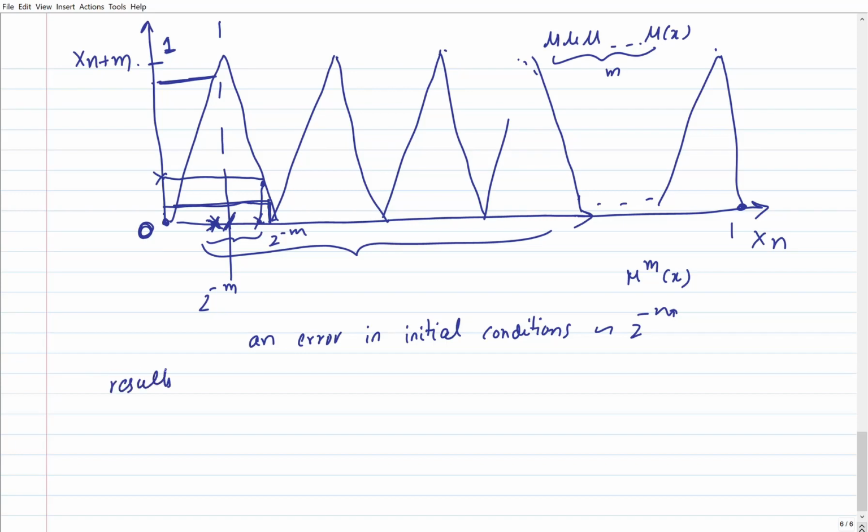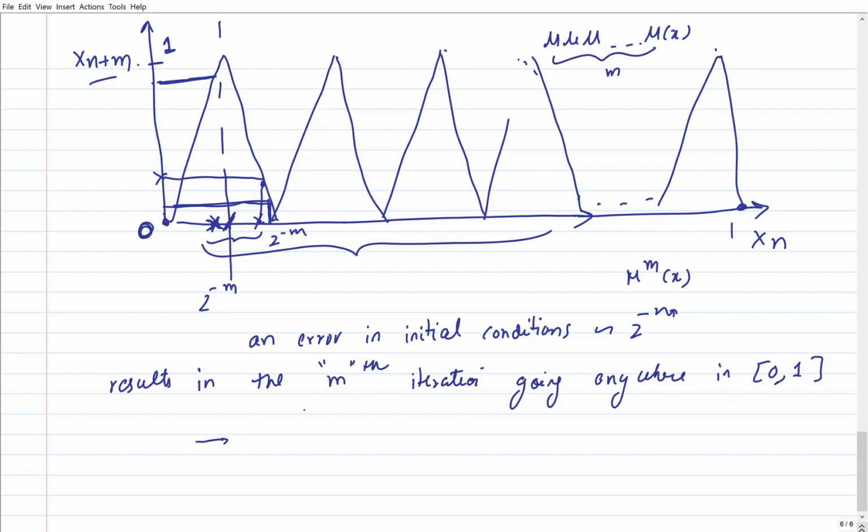An error in initial conditions of the order of 2 to the power of minus m results in the mth iteration xn plus m of the original map going anywhere in 0, 1.